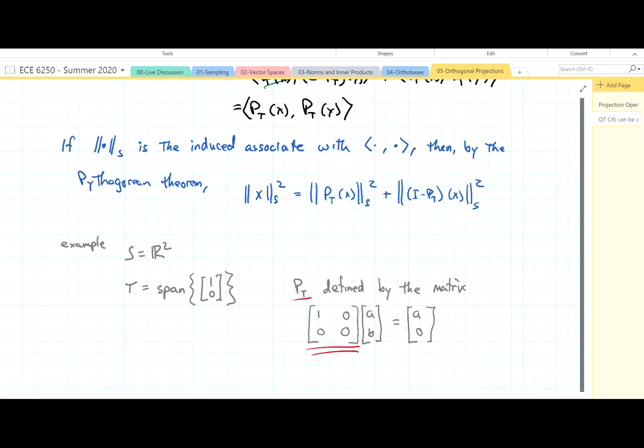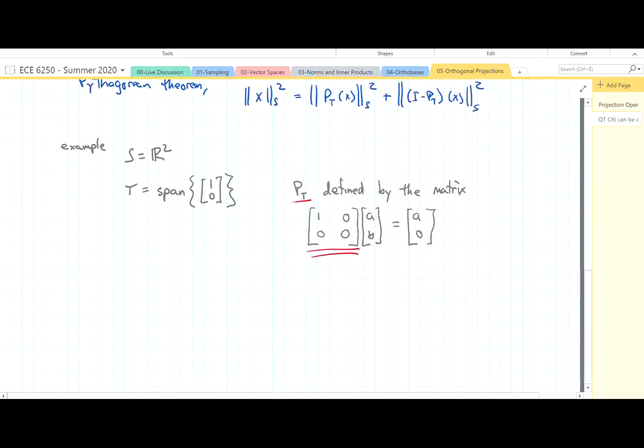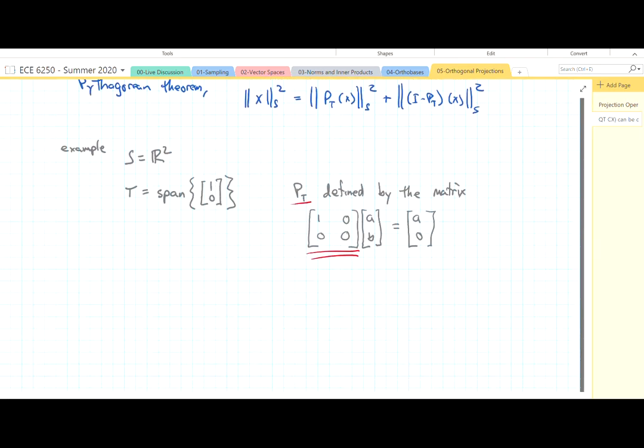So if we had some x and we wanted to project it onto the subspace T, given x, x hat is going to be this projection matrix times x.